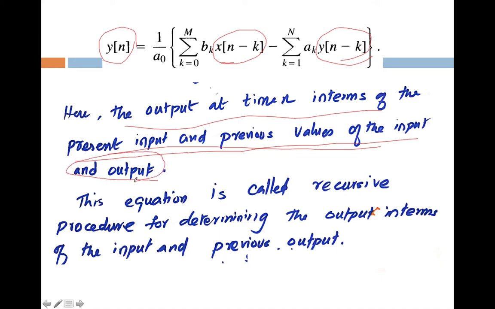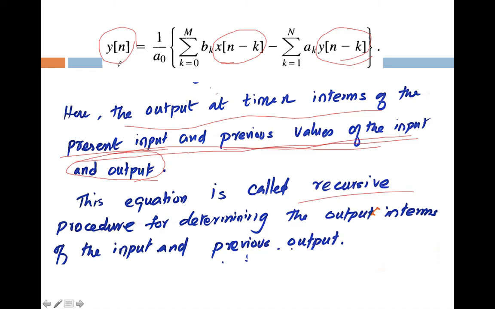In your syllabus, recursive and non-recursive system equations have to be discussed. Hence, if the system output depends upon present input and previous values of the input and the output, then it is called a recursive system.